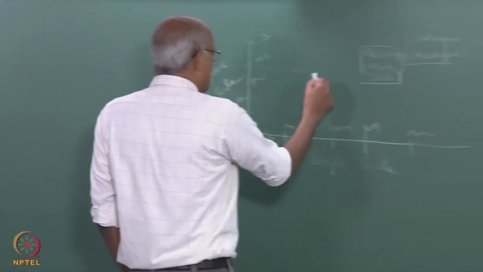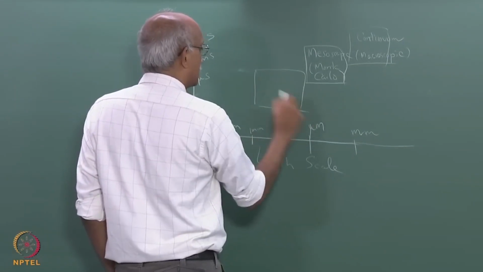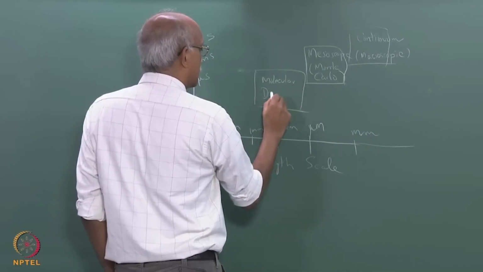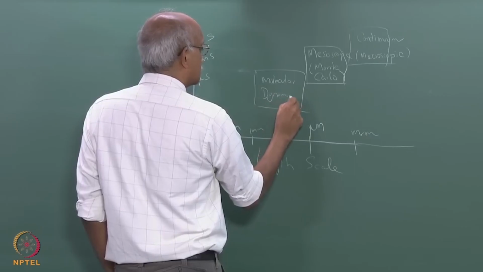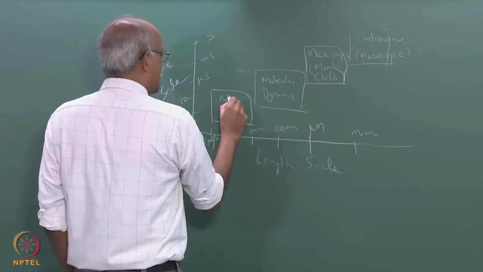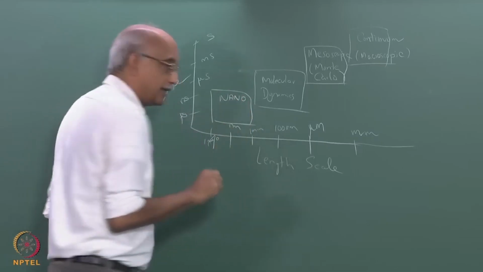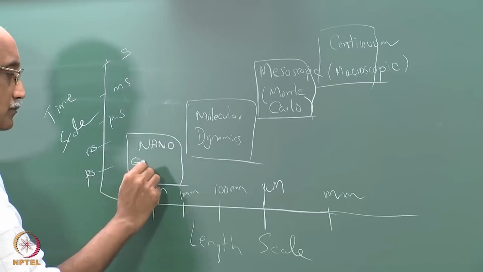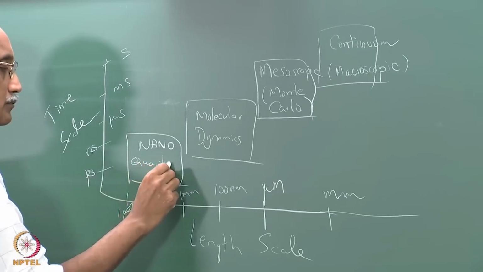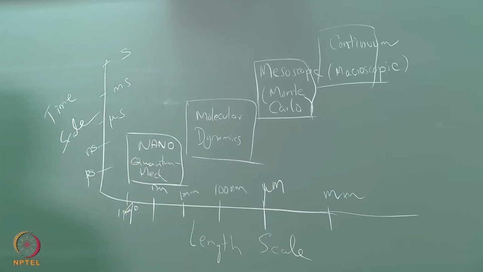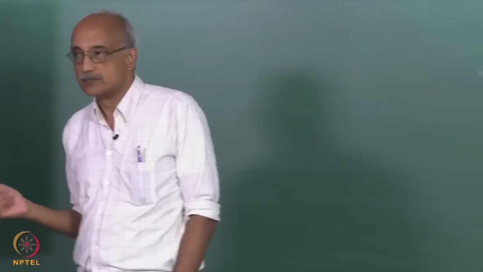And then there is the next region, which is called the molecular dynamics regime, and then comes the regime that is unique to nanomaterials. It is basically the quantum mechanical regime, which is characterized by, for example, the Schrodinger equation.